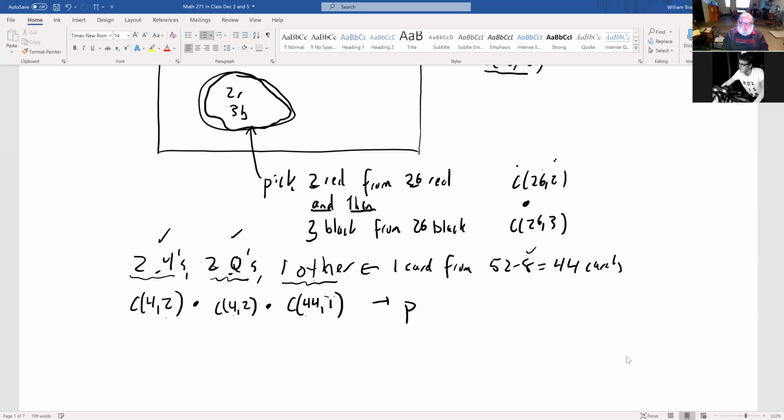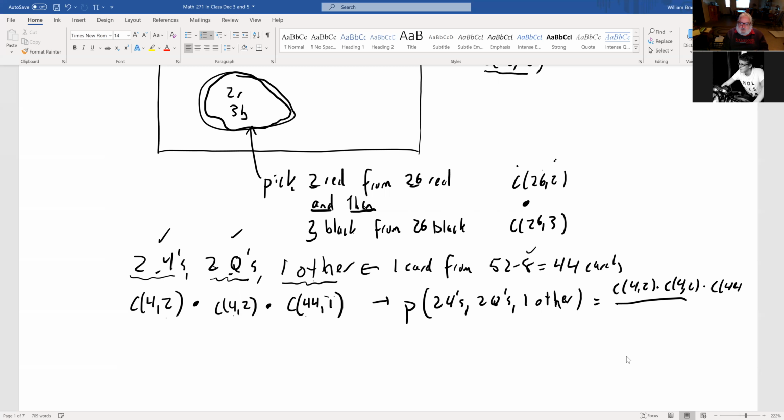So the probability, and we usually write that as a P and then a parentheses, and then whatever it is that you want. I want 2 4s, 2 queens, 1 other. And that will be C(4,2) times C(4,2), that's the queens, times C(44,1), all divided by C(52,5), because that's the total number of groups of 5 cards that we have.